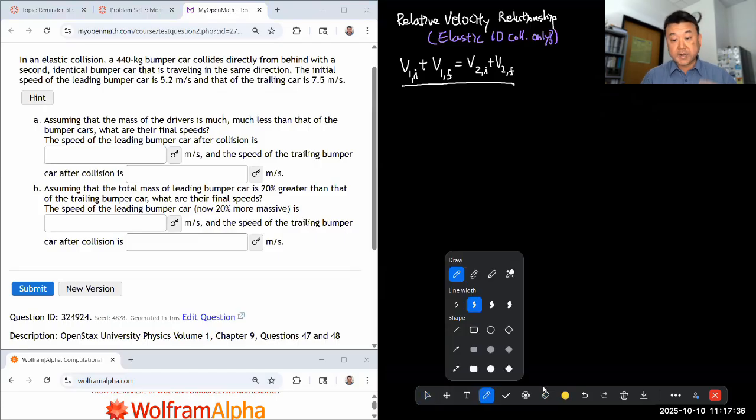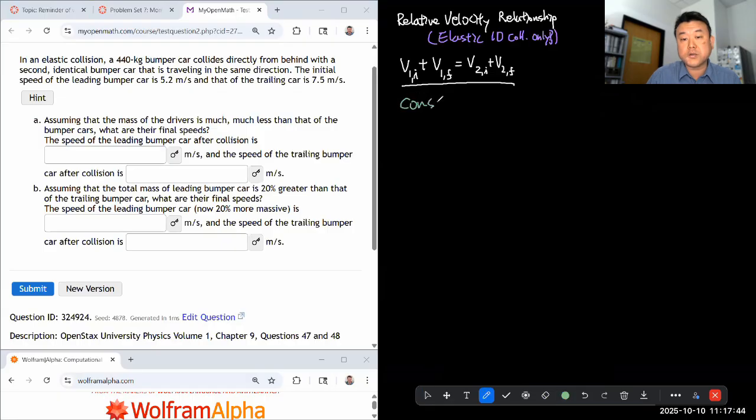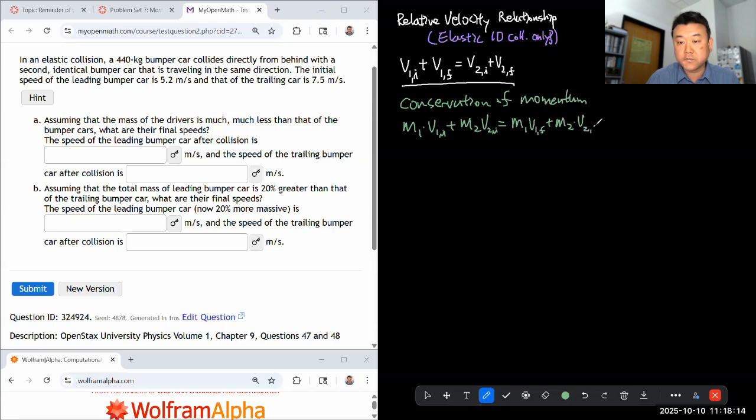Now I do need a second equation to solve for two unknowns. The second equation that I'll continue to use is conservation of momentum. All these collisions conserve momentum. So m1 v1 initial plus m2 v2 initial is equal to m1 v1 final plus m2 v2 final.